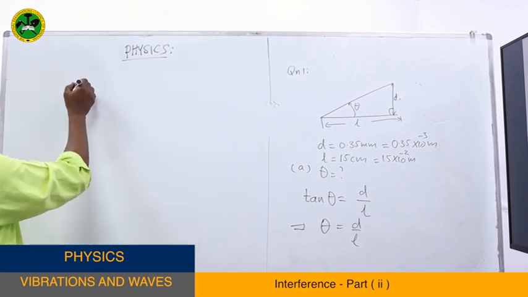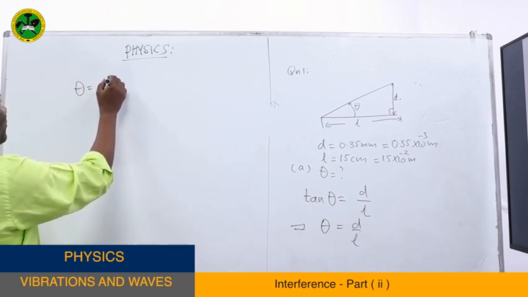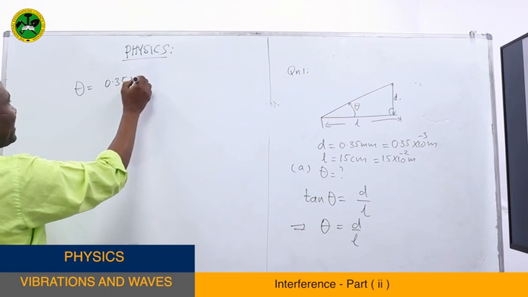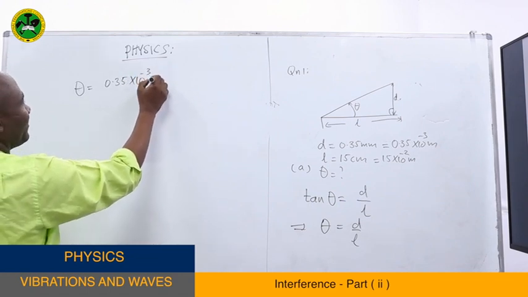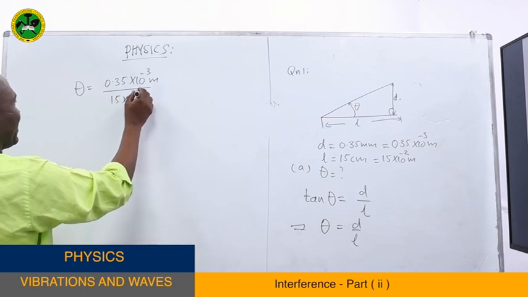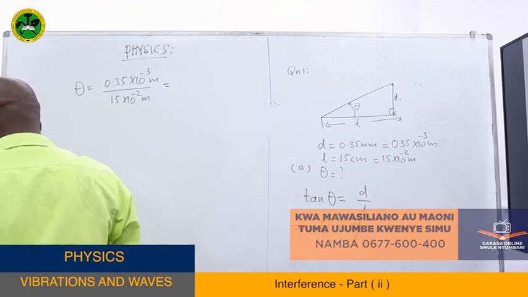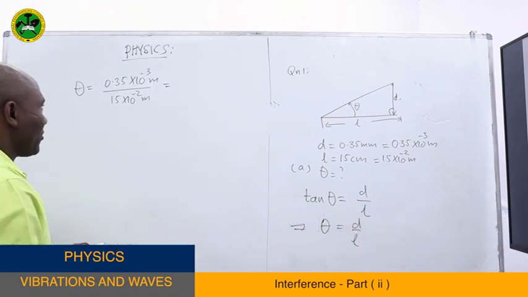From there you can find, because you have the values there, our D is given as 0.35 times 10 negative 3 meters divided by 15 times 10 negative 2 meters. And you can see the values will cancel out. You have the angle, which is in radians.